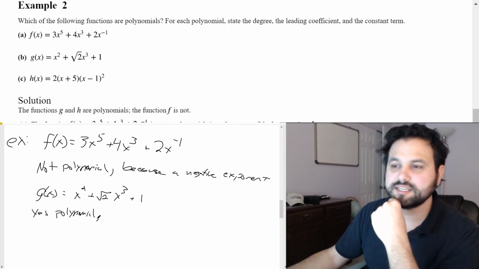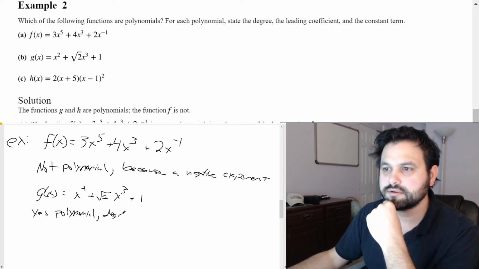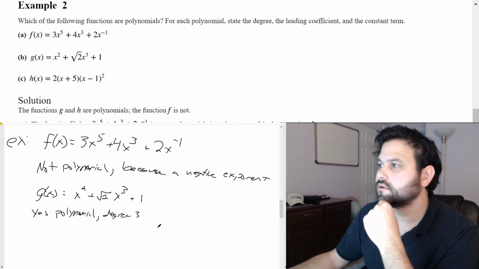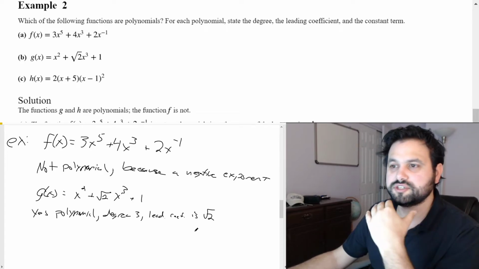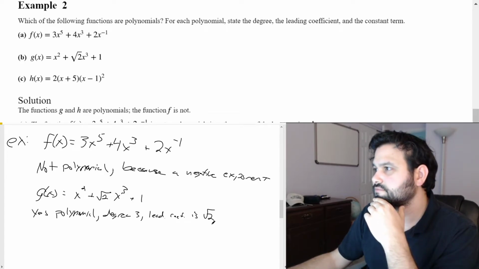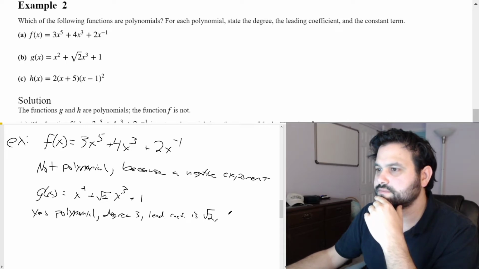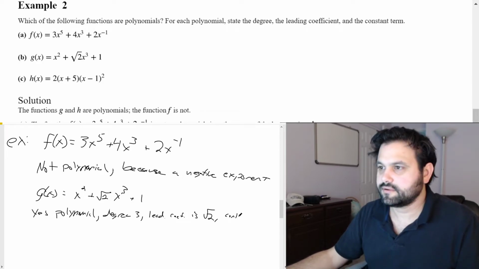What is the highest exponent? This is a degree 3. The leading coefficient is square root 2. Remember, that's just a number. And what's the constant term? The constant is 1.